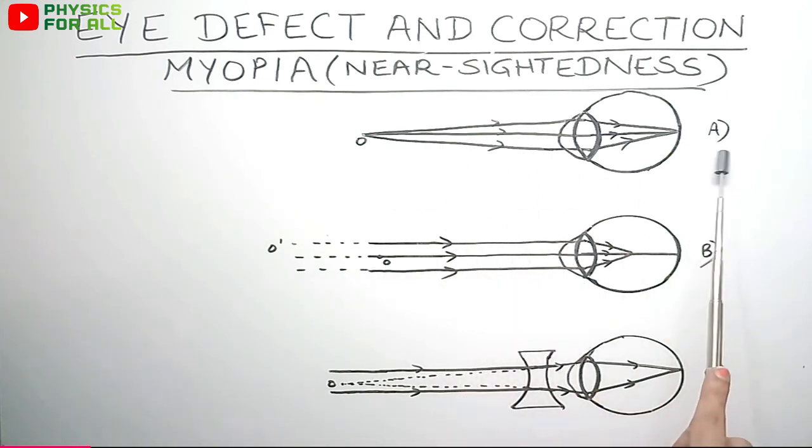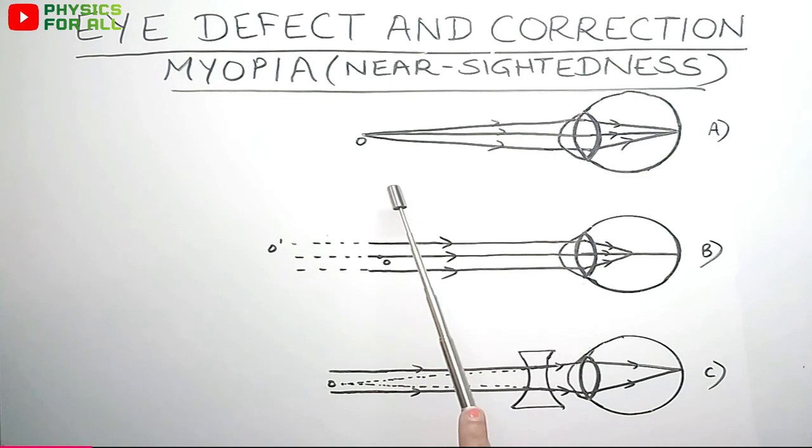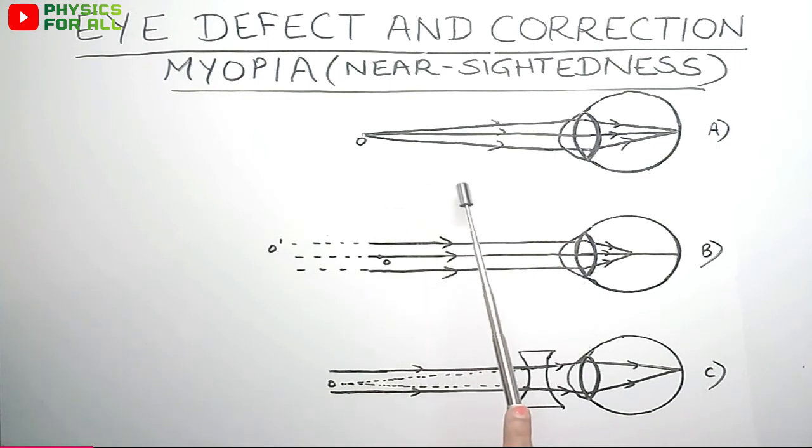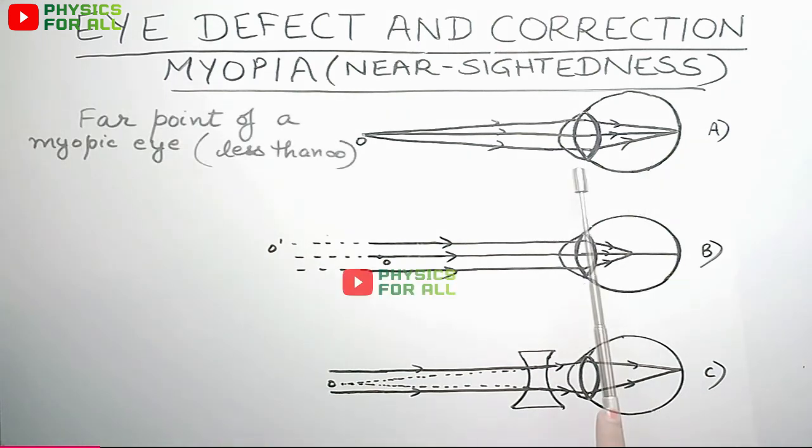Here in A, we are discussing what happens to the far point of a myopic eye. The diagram I have drawn depicts the far point of a myopic eye. Now the far point of a myopic eye is not infinity. That means the person cannot see distances which are quite far away, infinite distances.